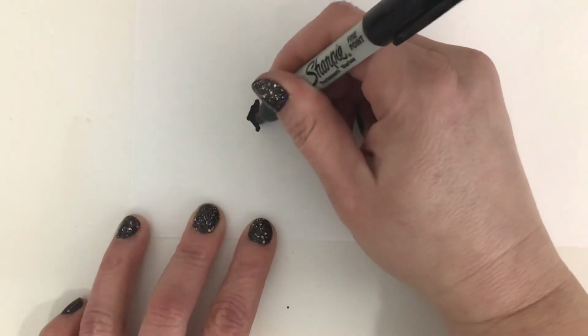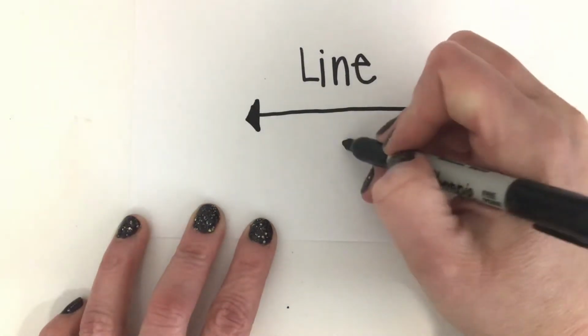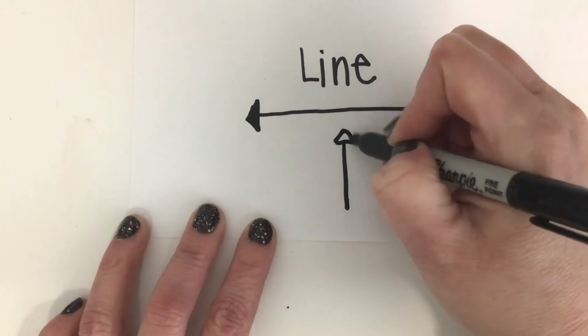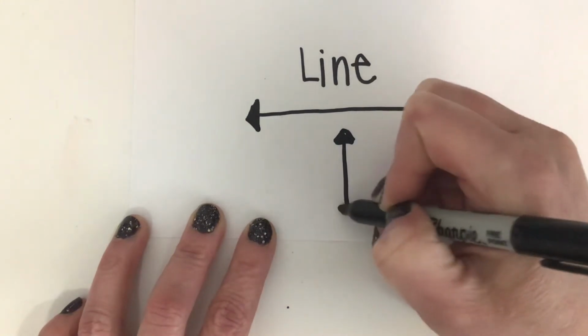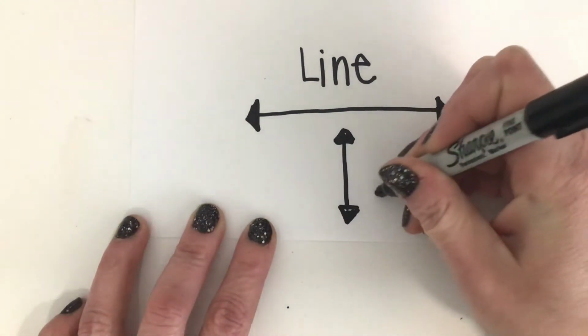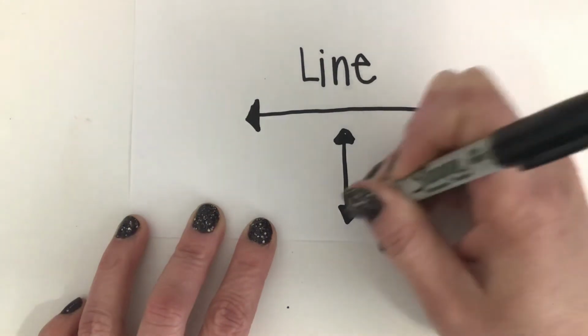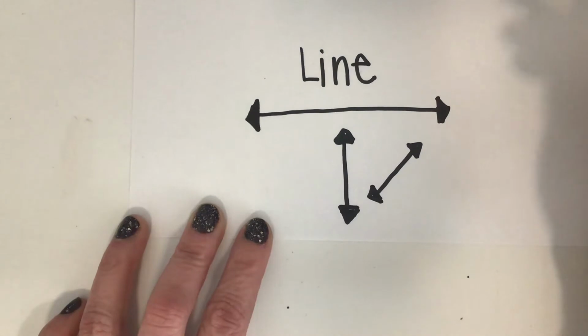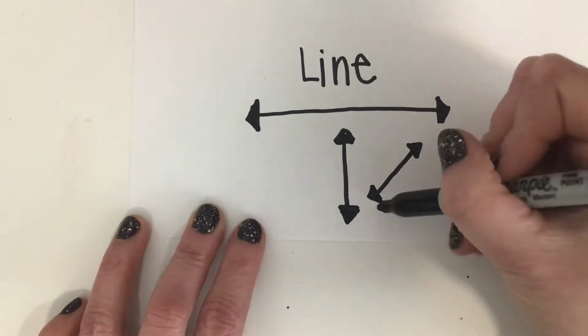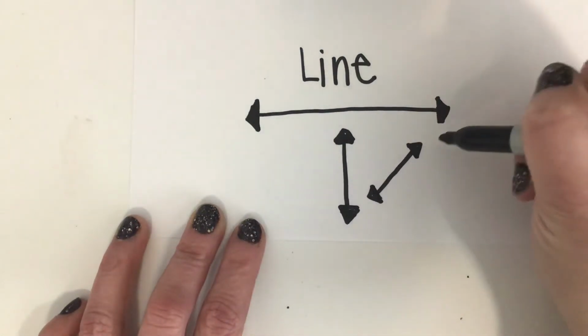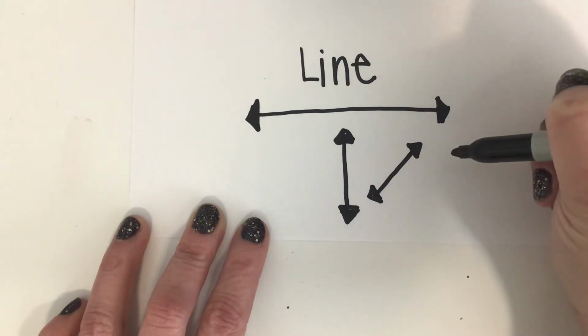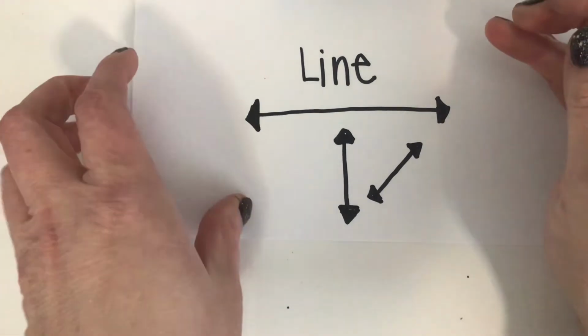If you want it to stop, you have to put an endpoint. A line can go this way, this way, or this way. They can go all different directions, but a line is always going to have the two arrows at each end with no endpoint. All right?